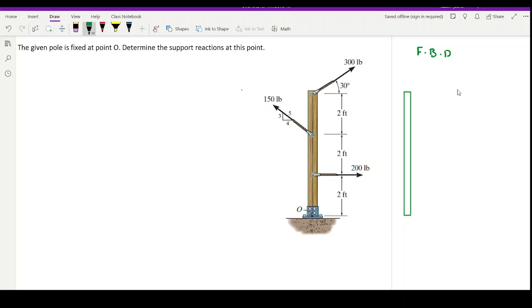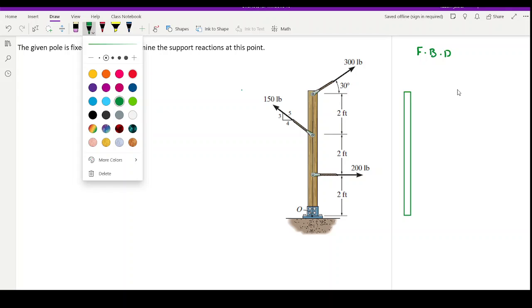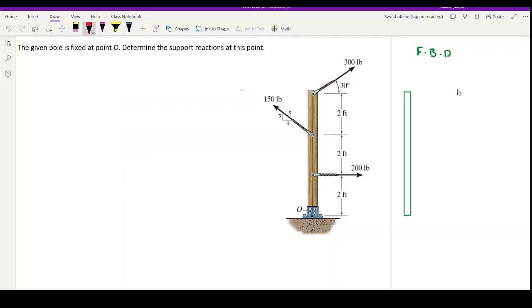Now, the known forces starting from the top part are this first force, which is 300 pounds. This 300 pounds has an x component, which is 300 cosine 30, because this angle is 30 degrees, and it's going to be equal to 260 pounds, because adjacent is cosine all the time.